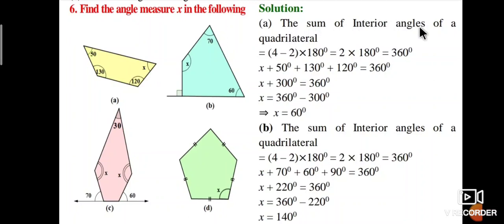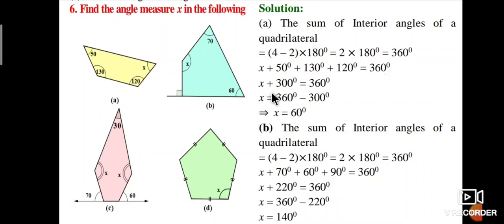The sum of the interior angles of a quadrilateral is (4 minus 2) into 180, that is 2 into 180, that is 360. Therefore, x plus 50 plus 130 plus 120 is equal to 360.